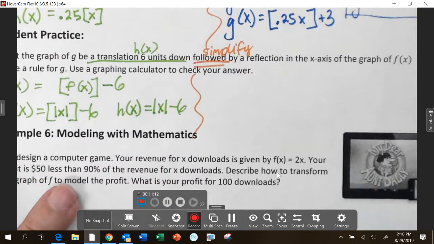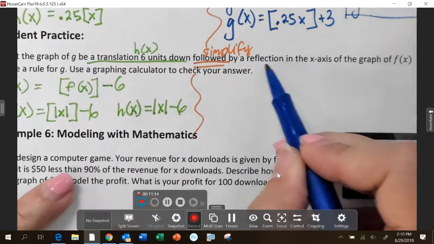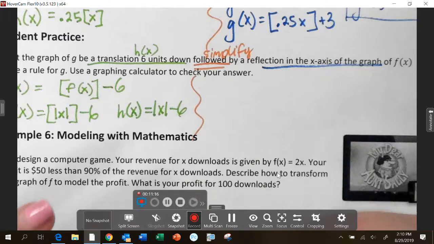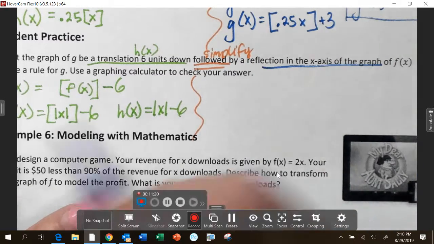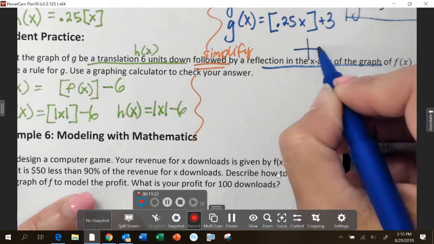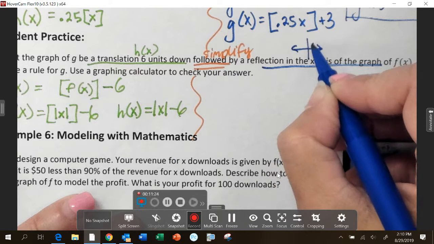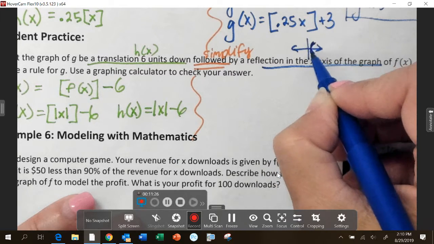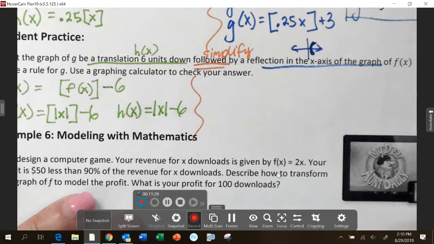Now what do we do? Reflection in the x-axis. So that's vertical or horizontal? Here's the x-axis. If we're going up and down and up and down, that's vertical.